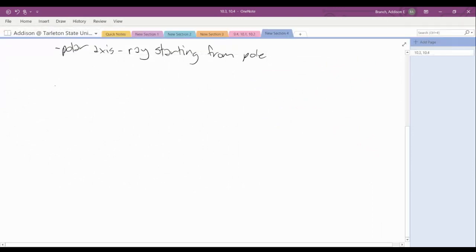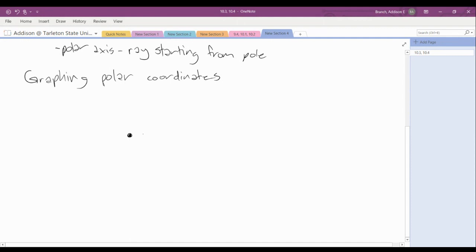Kind of just drawing another clearer picture. We start with our polar axis. Once again, just drawing a more visual picture.